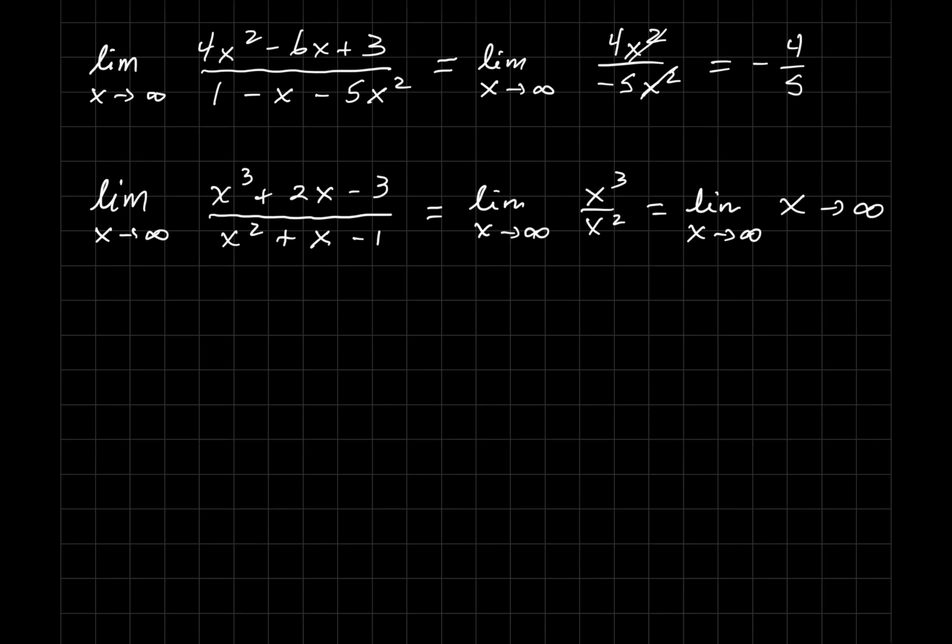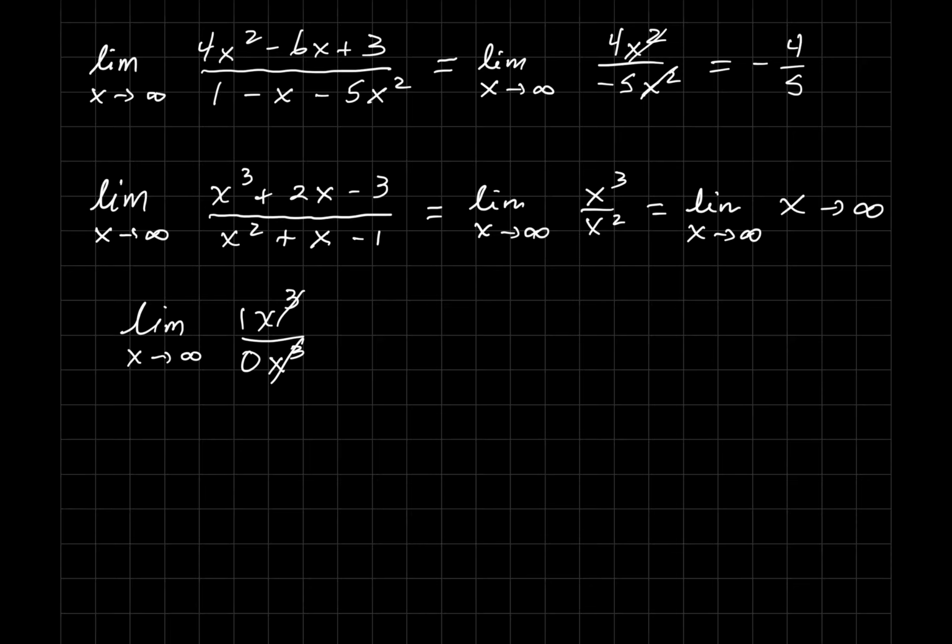Let me show you real quick what my students like to do, which I allow because it makes sense and it's correct. They like to say, well, the highest power on top is 1x cubed. And the highest power on the bottom, even though it's x squared, I want to match it. So they go, well, let's put 0x cubed on the bottom.